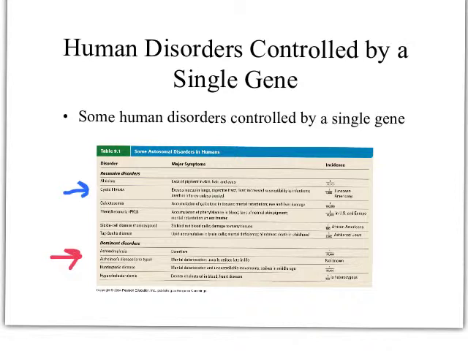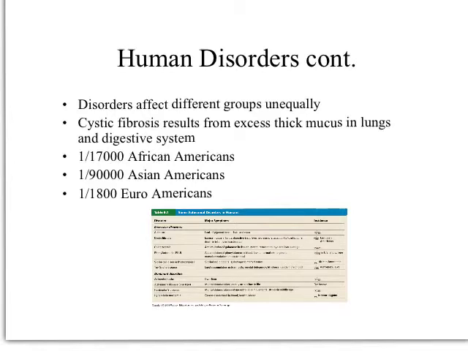Most other disorders are what we call polygenetic, and a lot of other traits that we have in our bodies, eye color, hair color, and stuff like that, are all polygenetic. It depends on the combination of some of the genes. And you're going to see that different disorders affect different groups unequally.